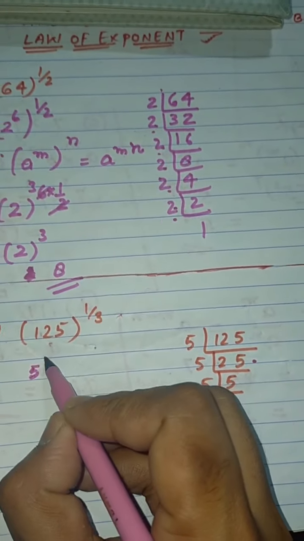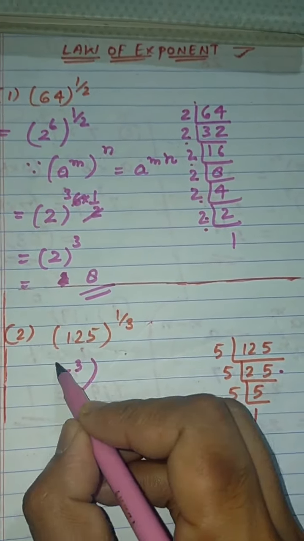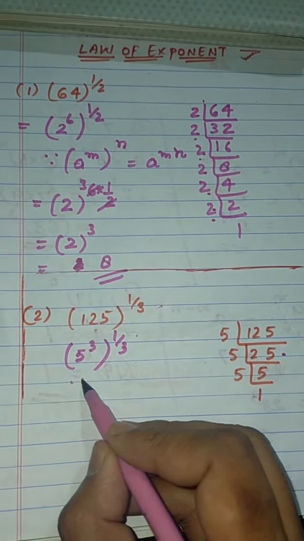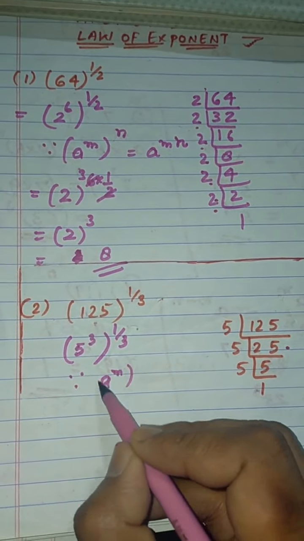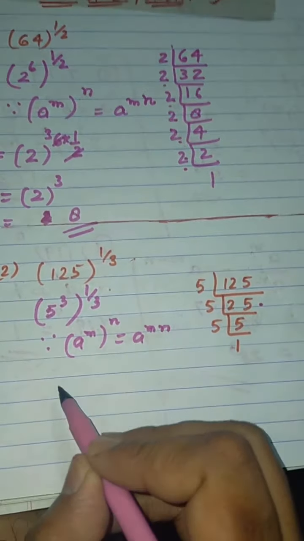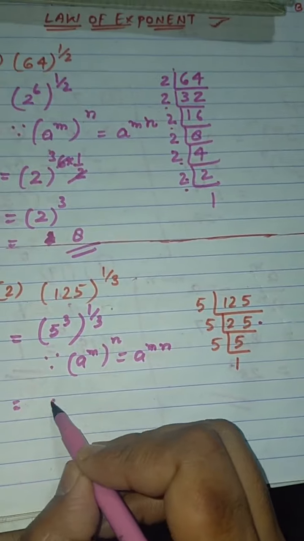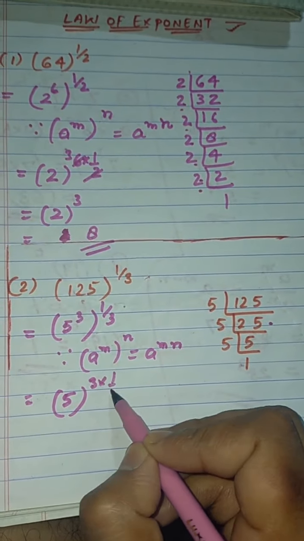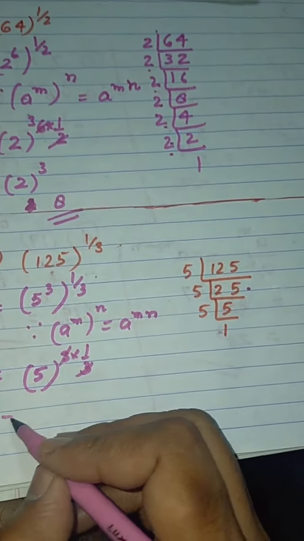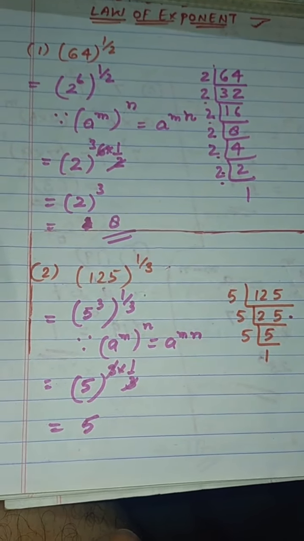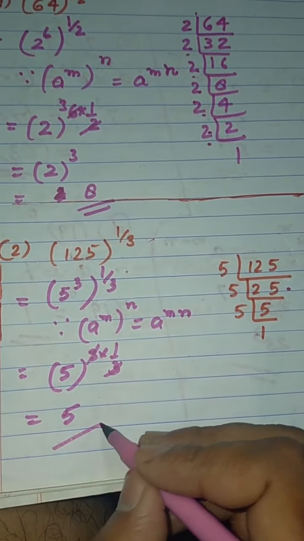So we can write it as (5 to the power 3) to the power 1 upon 3. Again the formula is (a to the power m) to the power n, so basically it becomes a to the power mn. So we can write this as 5 to the power 3 into 1 upon 3. Cut it, what do we get? 5. So the exact answer is 5.